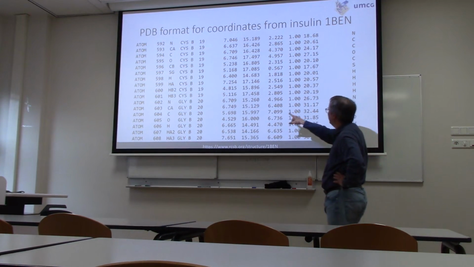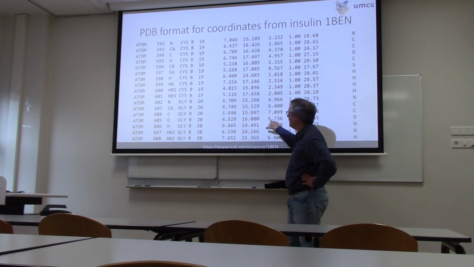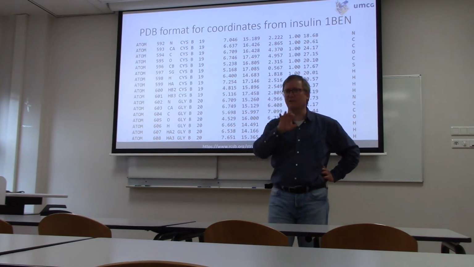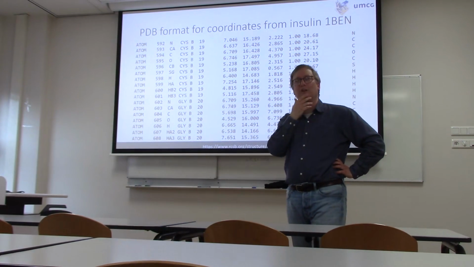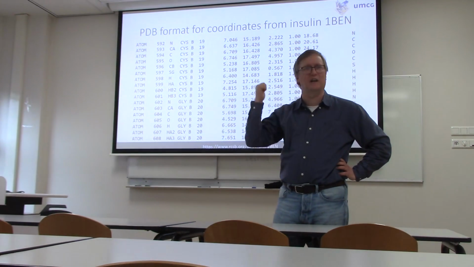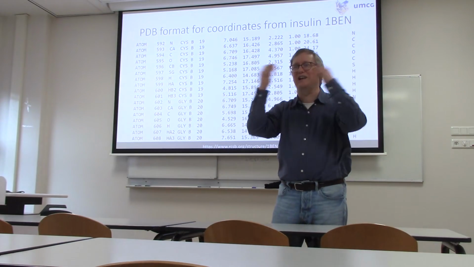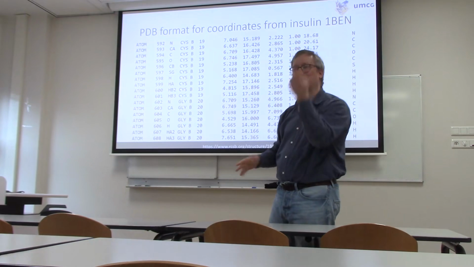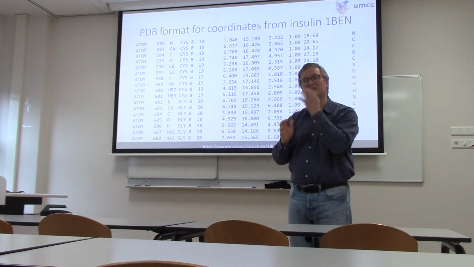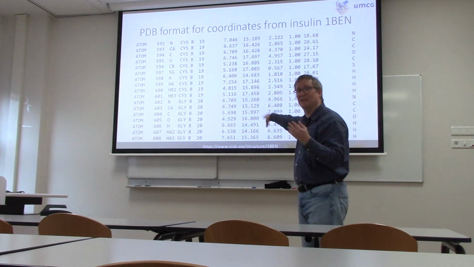If I remember correctly, these 3 columns are the X, Y, and Z coordinates for these individual atoms within the structure. Normally, when you look at a PDB, you're not looking at it this way, are you? You get this beautiful structure out, and you maybe poke it with the mouse and it rotates around for you and does all the nice stuff. But it's doing that based on this information.